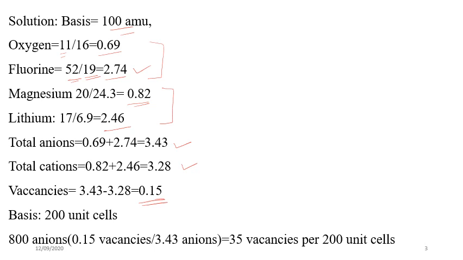So why should this difference not be there? As we know, Mg has oxidation state +2, oxygen has oxidation state -2, lithium has oxidation state plus, and fluorine has oxidation state minus. So whenever these elements are present in compound form in that solid solution, corresponding to each Mg there is one oxygen, and corresponding to each lithium there is one fluorine.